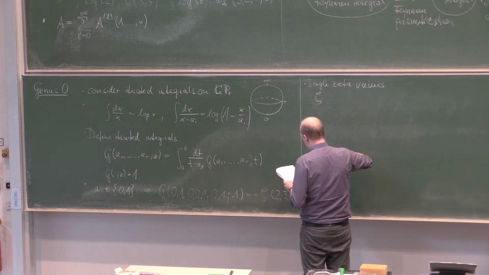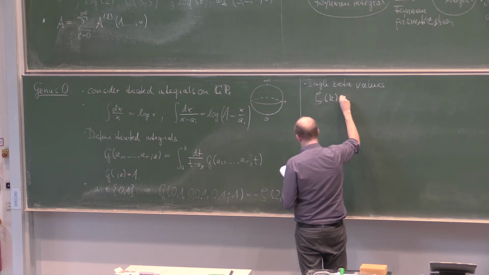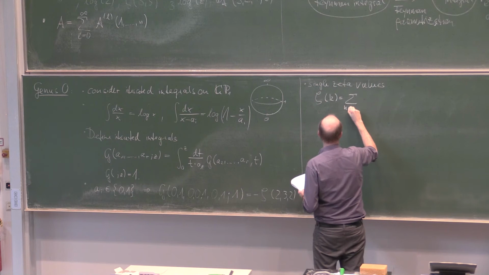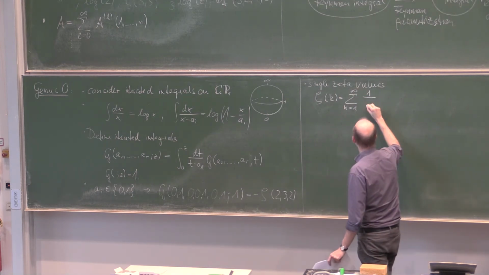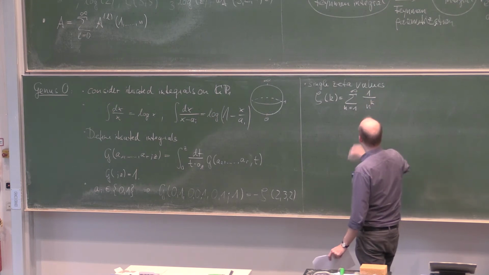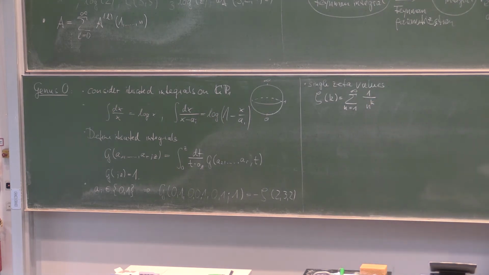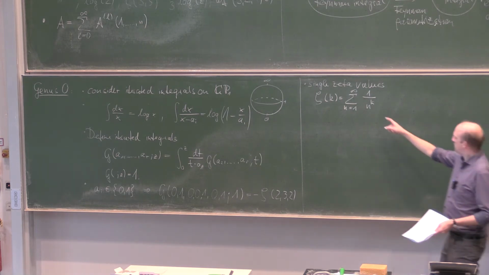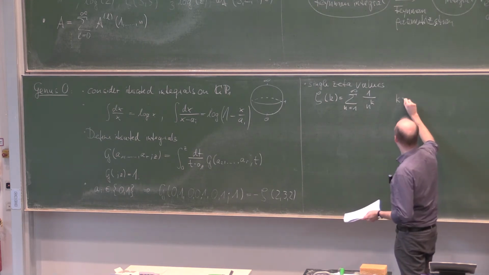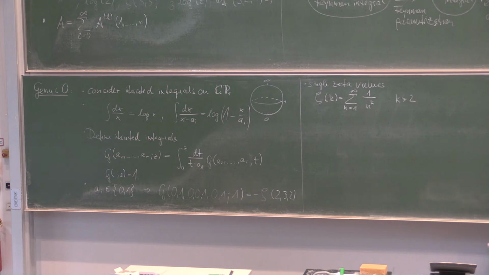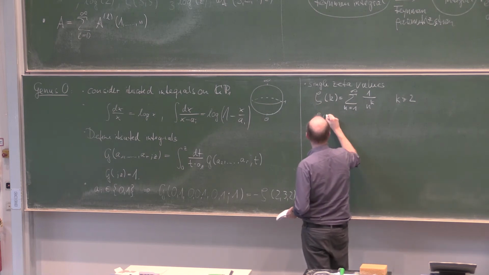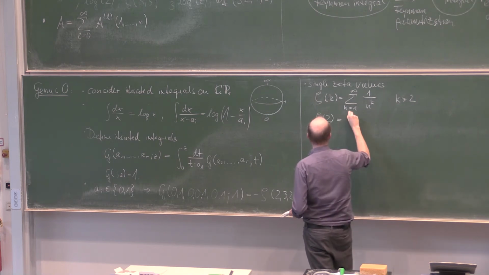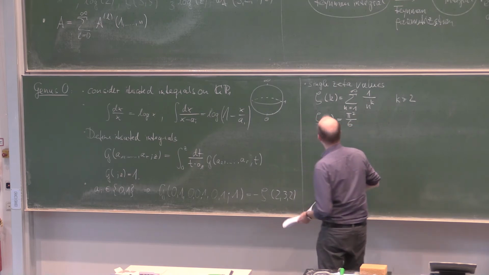They are defined as zeta of k is just the sum of n equal 1 to infinity 1 over n to the power of k. And you better set k larger and equal to 2, otherwise your sum terribly diverges. And indeed, these are numbers I'm sure you have seen numerous times. One can find nice identities.